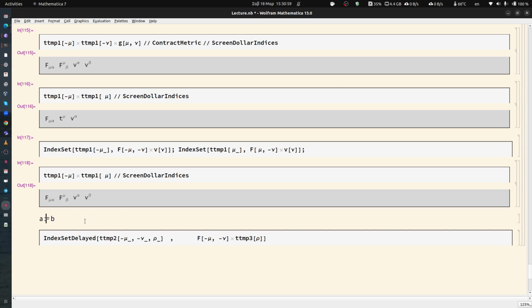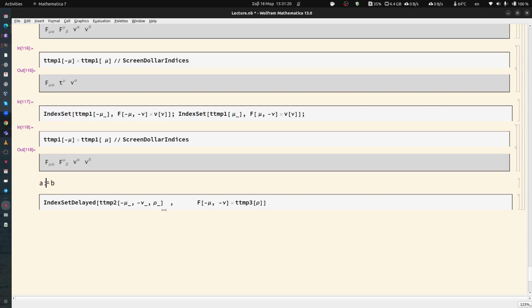Whereas if we make a direct assignment like this, then A is replaced by whatever value B has at the time of the assignment. So similarly, IndexSet corresponds to a direct assignment like this one, and IndexSet delayed corresponds to an assignment like this one.